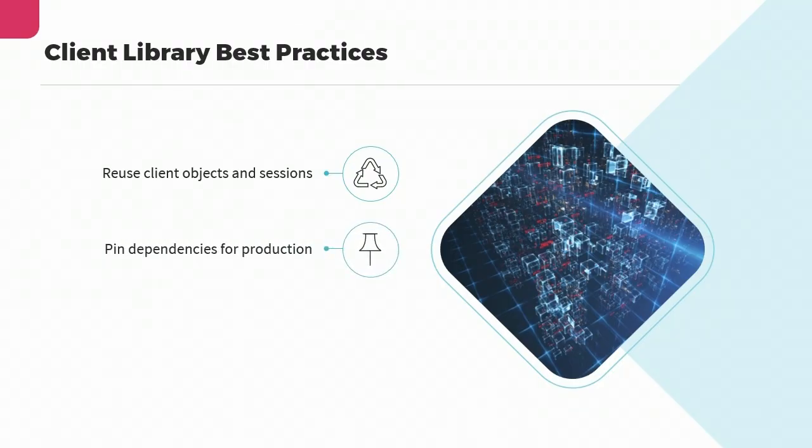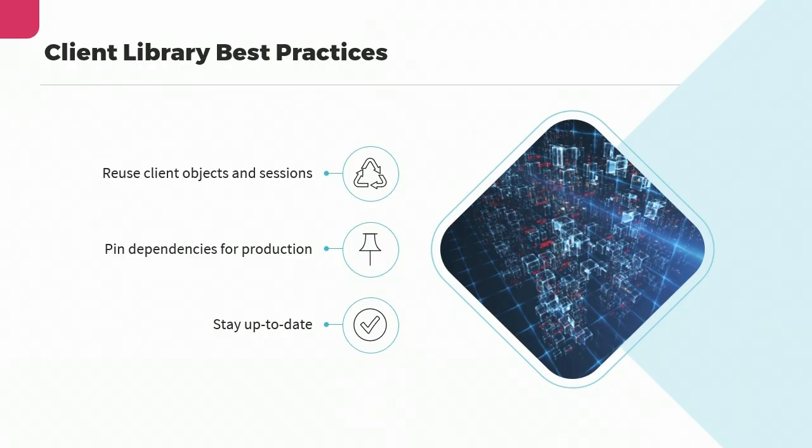It allows us to pin dependencies for production, meaning that we are not going to be upgrading the library for any reason. We're going to use these libraries at the particular version and not do any updates. It also allows us to stay up to date with the latest libraries when we are in development, so we can use the new capabilities and APIs that are available in Google Cloud.